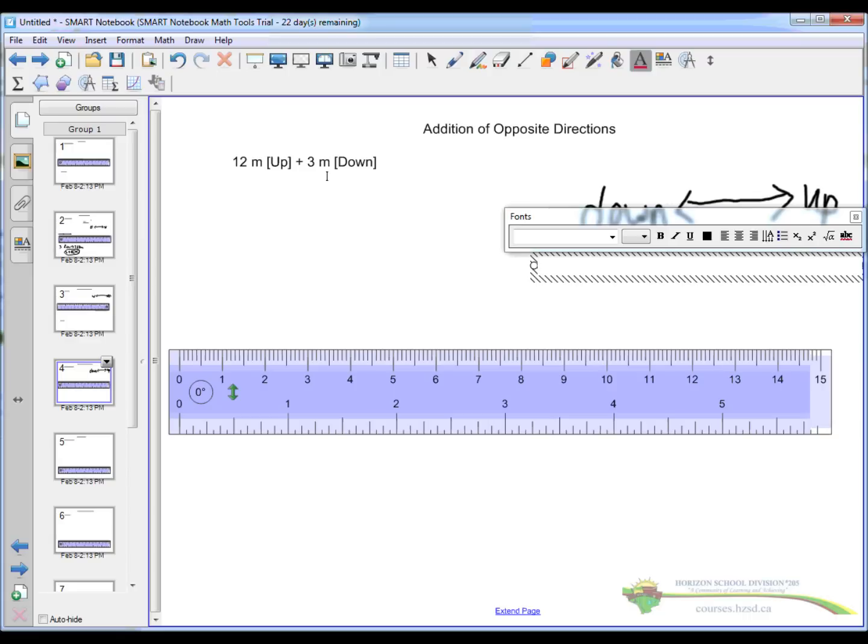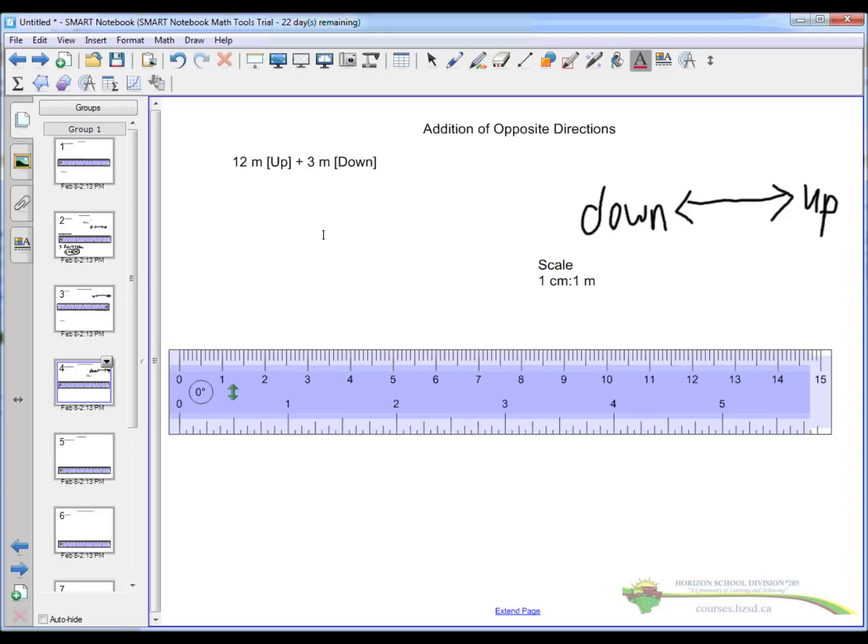I should be able to go just one scale. 1 centimeter equates to 1 meter. So 12 meters up direction, which I've defined as to the right. 12 meters is 12 centimeters.